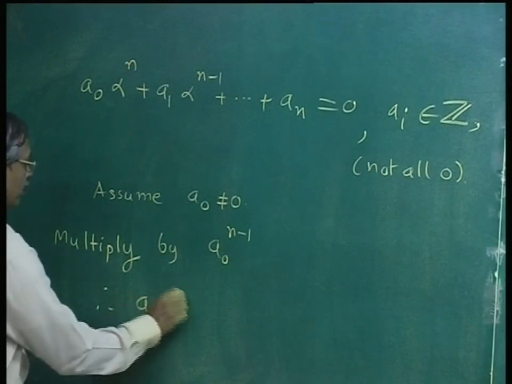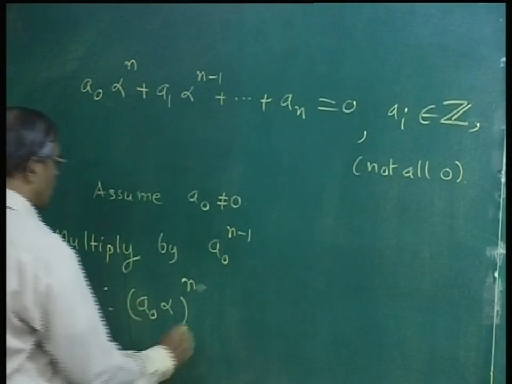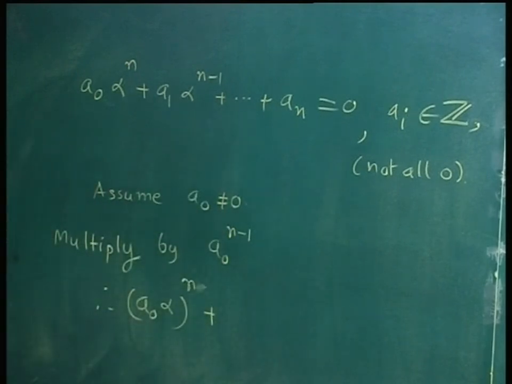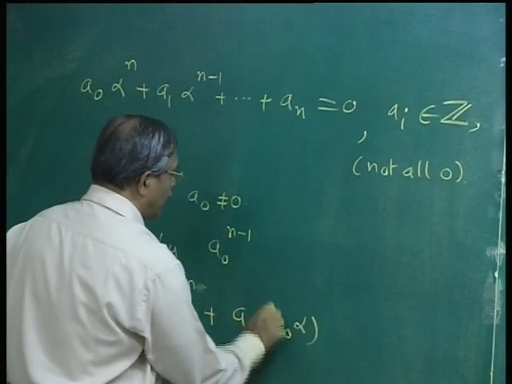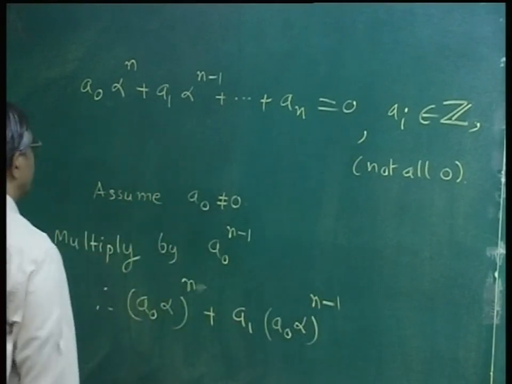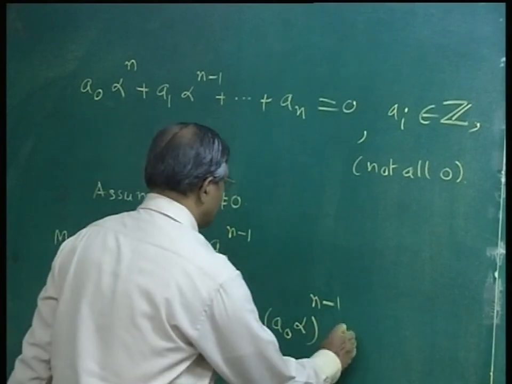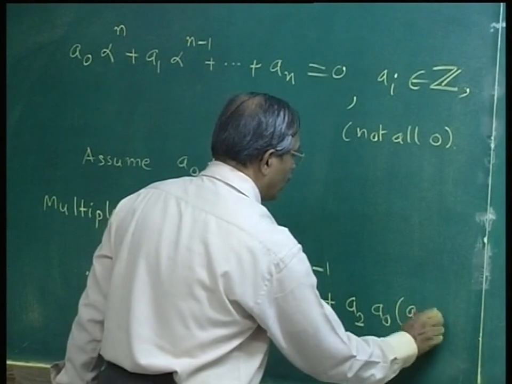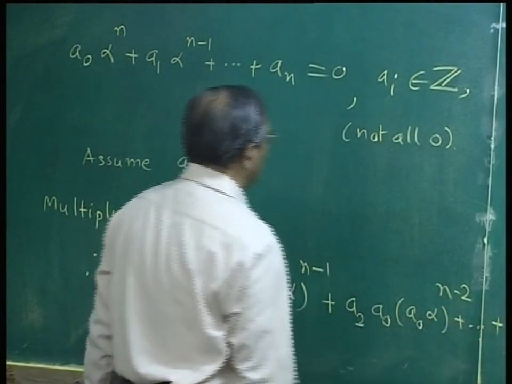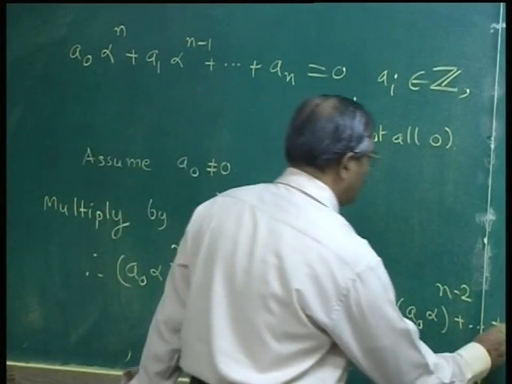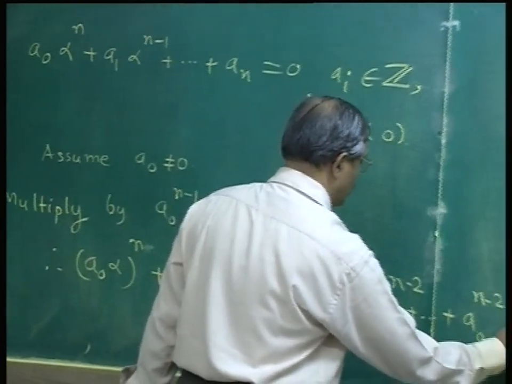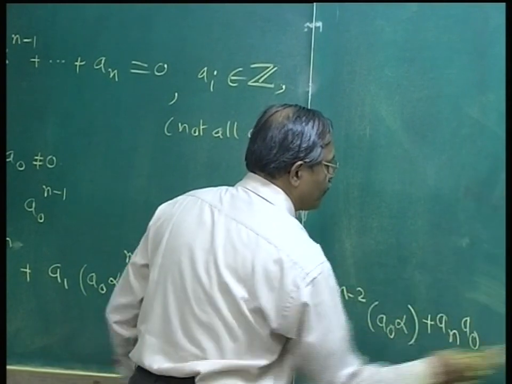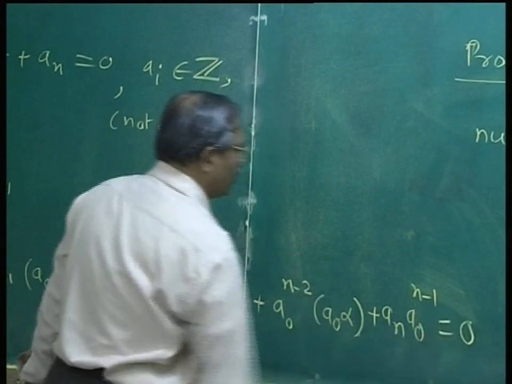Therefore, a naught alpha raised to n, plus a1 a naught alpha raised to n minus 1, plus a2 a naught alpha raised to n minus 2, and so on, plus a naught raised to n minus 2 a naught alpha, plus a naught raised to n minus 1 is equal to 0.